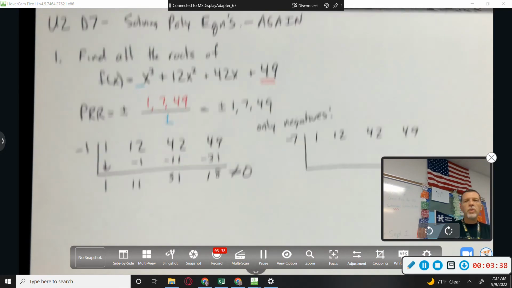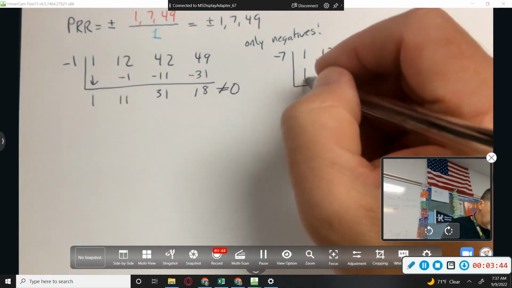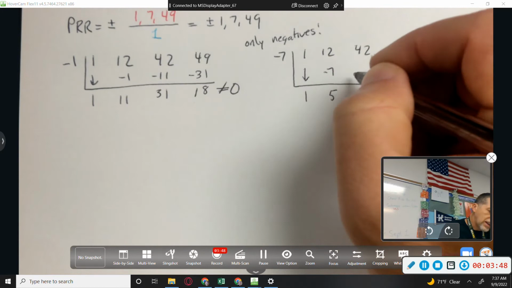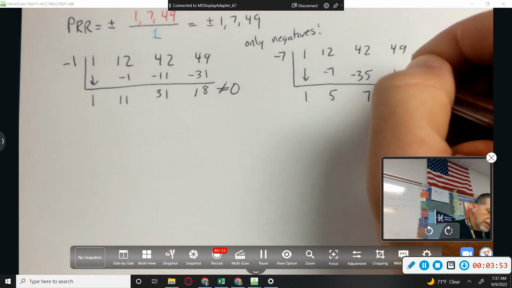I keep saying works. What am I looking for? How do I know if it works? 0 for a remainder. Copy down the 1. Multiply, add. Multiply, add. Hey, there we go.